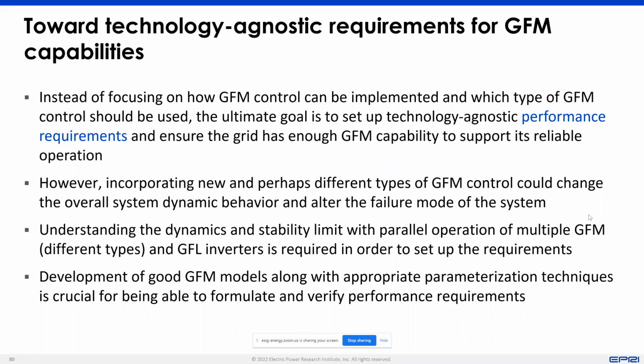But as we get more of these inverters, there's going to be added emphasis on doing more detailed studies in multiple simulation domains. Multiple analyses need to be carried out to understand how these inverters would interact with each other, what kinds of new modes might come up, and what kind of new stability criteria might come up. That will require more and more studies and analysis with improved models and techniques.